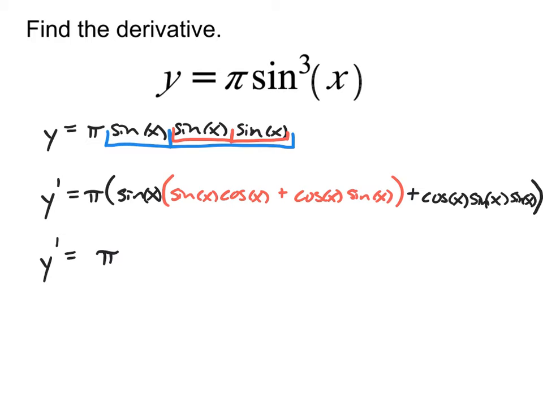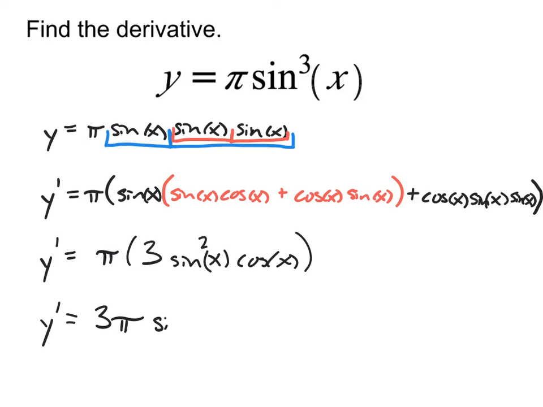But this last one also becomes sine squared times cosine. So really, inside of my parentheses after my pi, I have 3 sine squareds times cosine. Well, of course, then that would mean that y prime would equal 3 pi sine squared cosine. That would be our fully simplified form at that point.